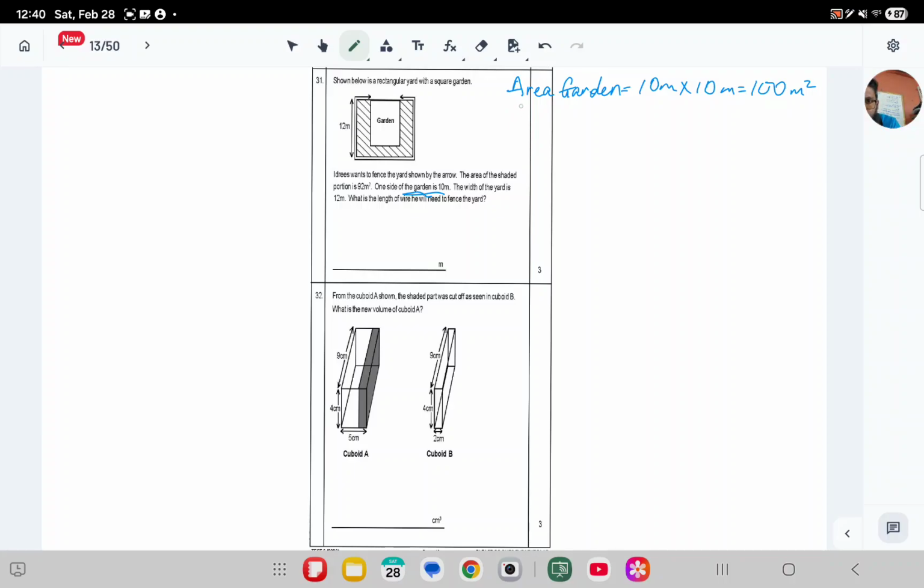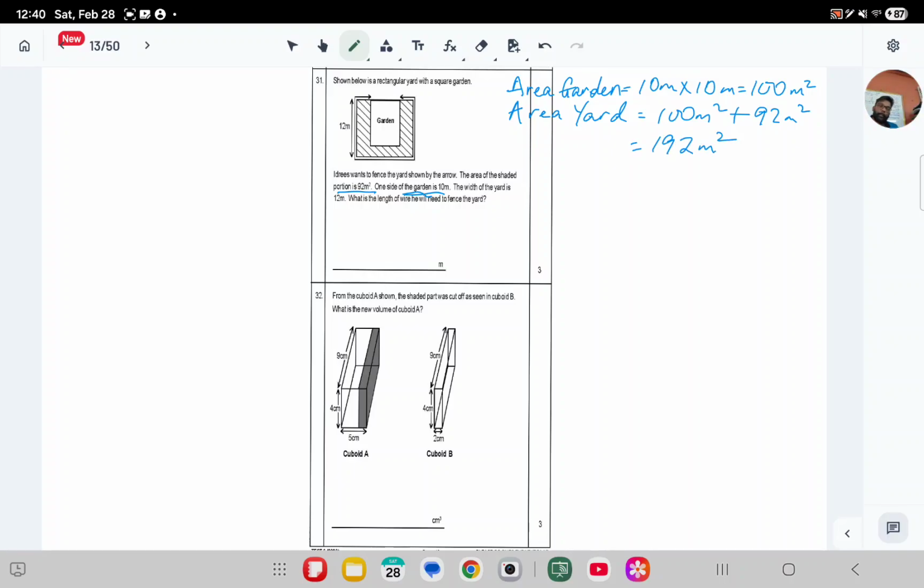Now we can calculate the area of the yard. That will be the area of the garden, which is 100 meters squared, add the area of the shaded portion, which is 92 meters squared. And that will give us a total of 192 meters squared.